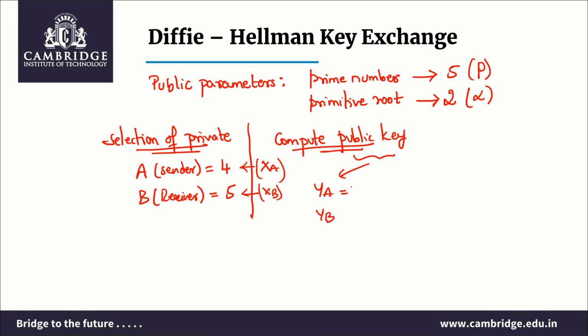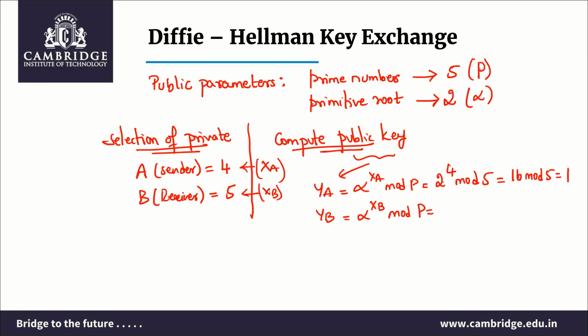So how is YA calculated? It is alpha power XA mod p. What is alpha here? It is 2, and XA is 4, and mod 5. Which is nothing but 16 mod 5, which is 1, right? And I have to calculate YB, which is alpha power XB mod p.